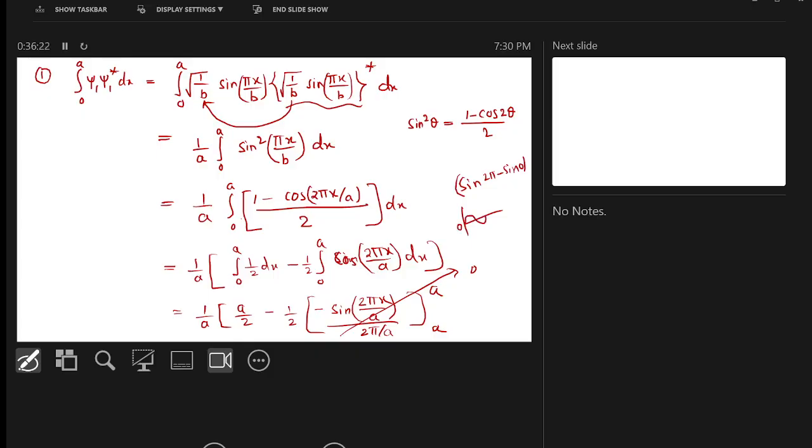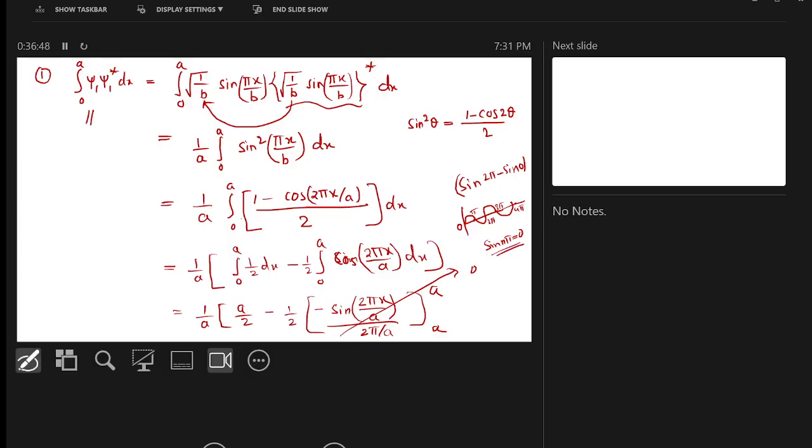So at 0 your sine will be 0, at pi sine will be 0, at 2 pi, 3 pi, 4 pi, sine of n pi is 0. So the second term is 0. So you got something.